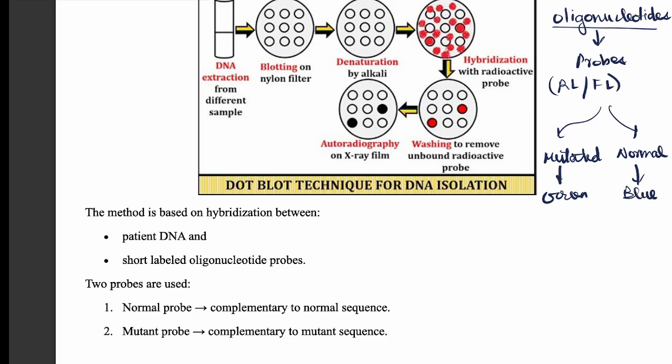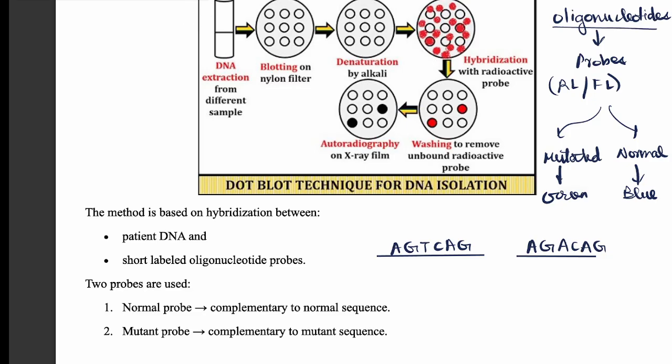If you are not understanding what I'm trying to say, let me explain here. See, this is a normal fragment and this is a mutated fragment. Now see, suppose the normal fragment contains this sequence, and the mutated fragment contains, let's say, AGACAG. So we are preparing two different kinds of probes.